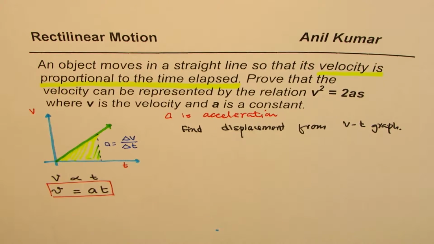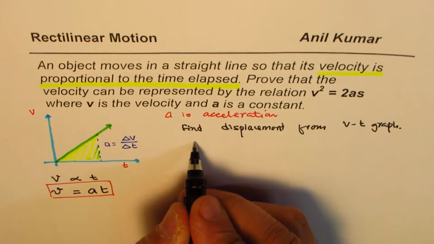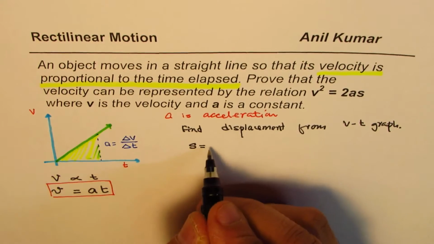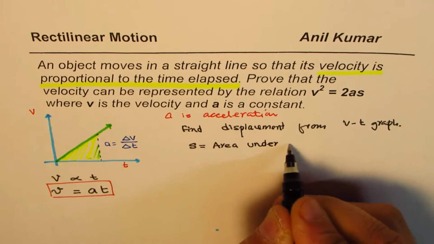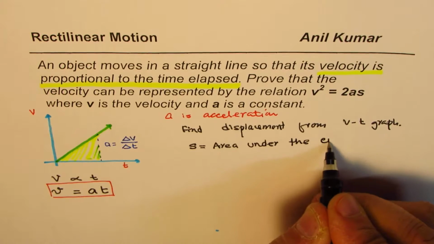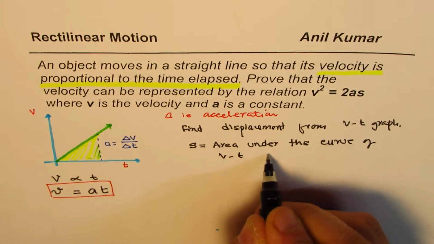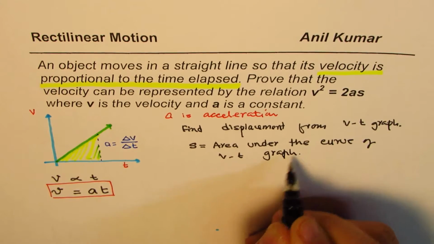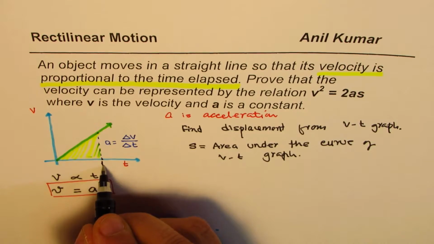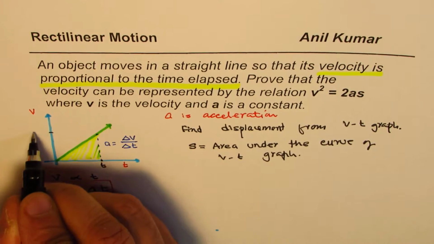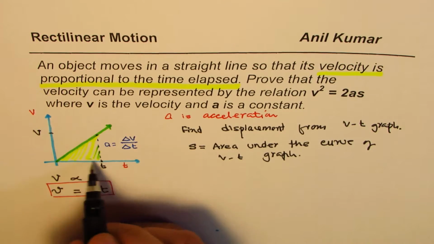Do you see that? So using that information, I can say that s is the area under the curve of the velocity time graph, right? Now to get a general value, we can consider this time t, and at that time let's consider this v as our velocity. Then what is the area of this triangle?